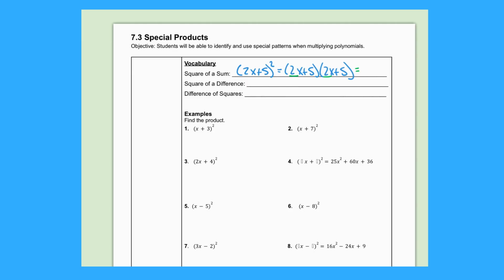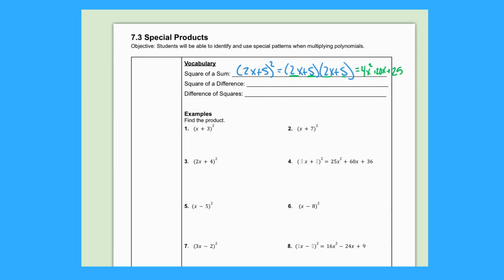So 2 squared and x squared is 4x squared, or 2x times 2x. And then for the last number, you multiply the last numbers here, 5 and 5, and that's 25. And then for the middle number, you multiply these two together, 2x times 5, which is 10x, and then you double it. 10x doubled is 20x.